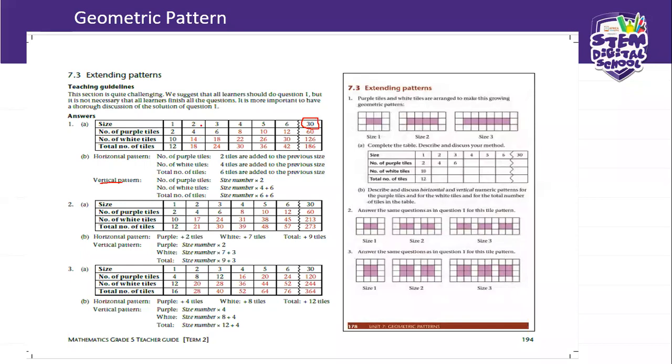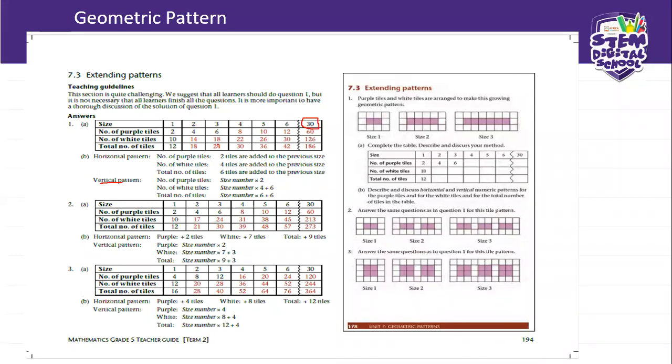I need to find a way that works for all of them. I multiply this by 4, I get 8, and then I add 6, I get 14. Okay, it works out. I multiply this, I get 4, I add 6, I get 18.